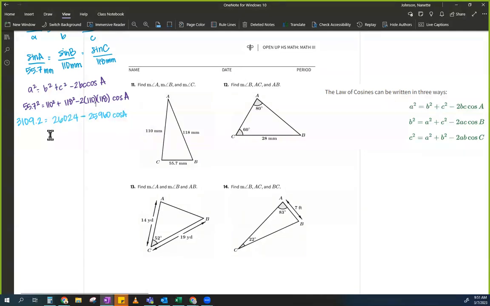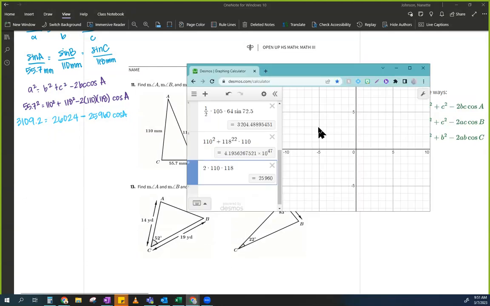I'm going to subtract 26,024, right? And then whatever I get there. So what is that? Next line.